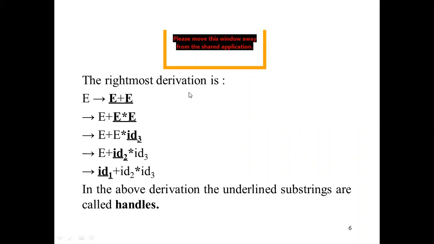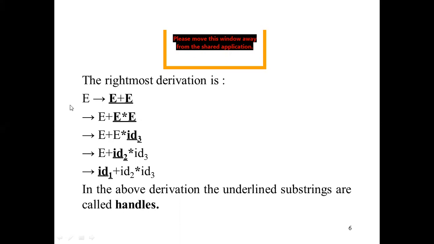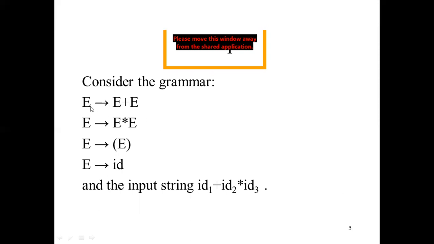E we have from the problem, E plus E. We are replacing E by E plus E. Coming to the second step, we write E plus, and replace this E by E star E. This is already given: we can replace either by E plus E or by E star E as per need.